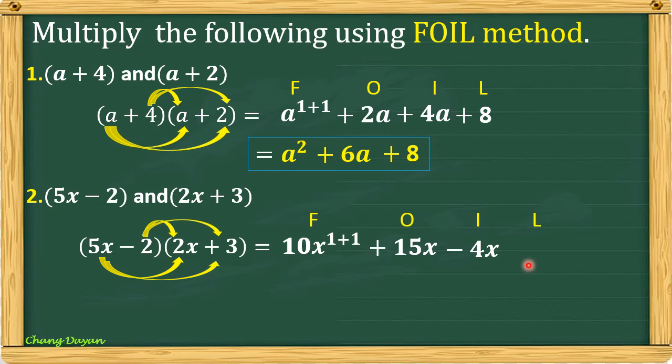Last, multiply the last terms. Negative 2 times positive 3. We'll get negative 6. Simplifying this one, we'll get 10x squared. Then 15x minus 4x. We'll get the difference of positive 11x. Then just copy negative 6. Therefore, our answer here is 10x squared plus 11x minus 6.